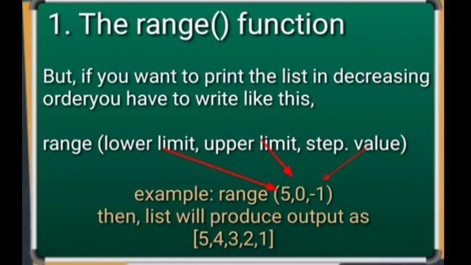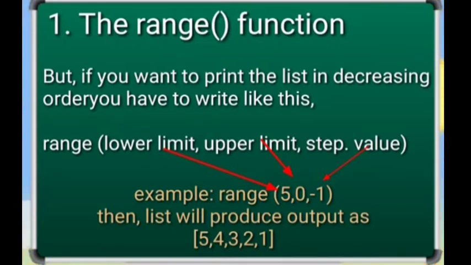I have written here range(5, 0, -1). -1 is the step value because I want to decrease the value by 1. Now if you want to decrease the value with a difference of 2, you can write -2 as well. However, this will produce the output starting from 5 till 1.